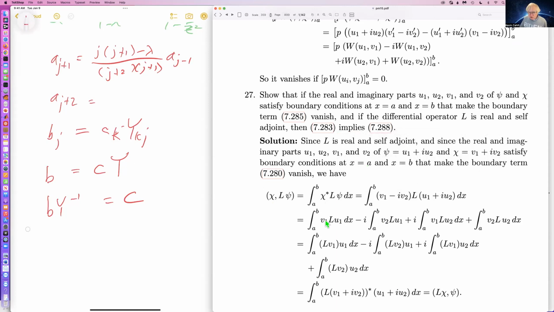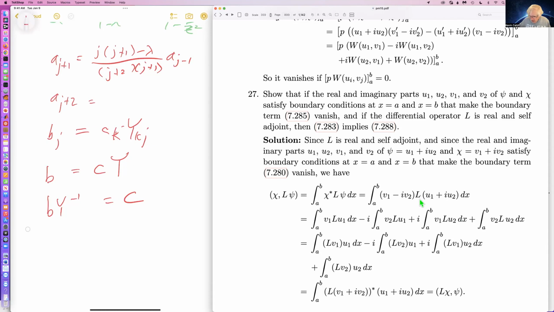So what we do is we say chi L psi, that's chi star L psi integrated over x. Chi star is V1 minus i V2. Psi is U1 plus i U2, and you have an L here. This is the marvelous thing about L being a linear operator, and so you can just separate this out as L U1, L U2, L U1, L U2.